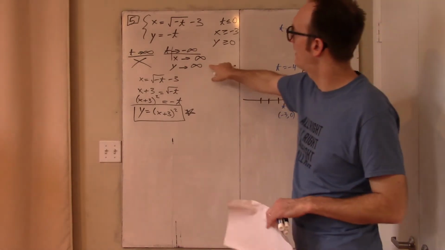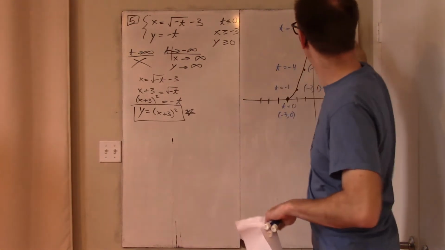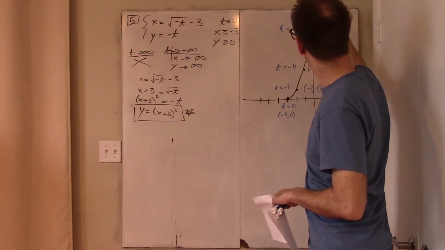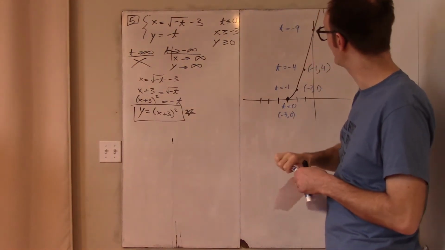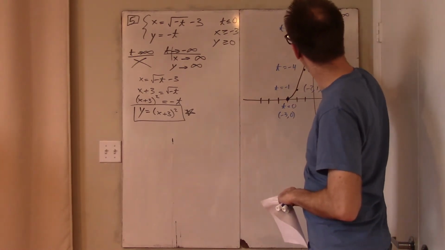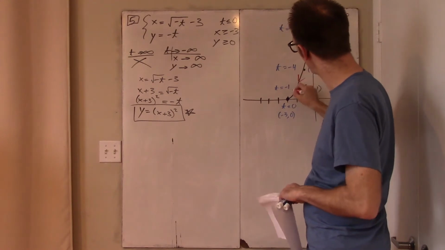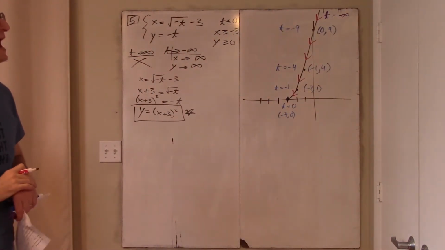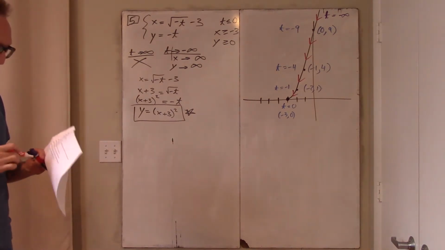Now, as t approaches negative infinity, I am up here at the edge of my parabola. As time moves forward, and that's what these arrows indicate, from negative infinity to 0, I move down the right edge of this parabola, and I stop at the vertex -3, 0.